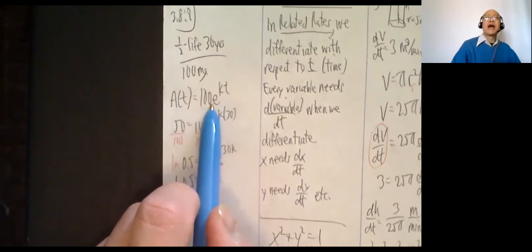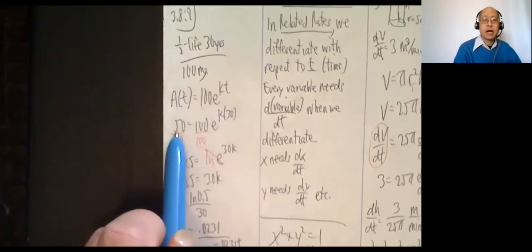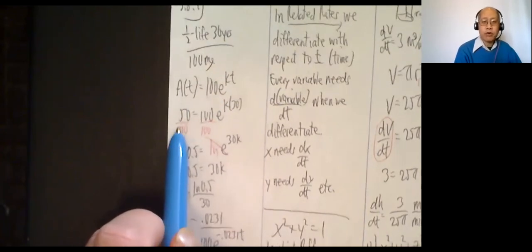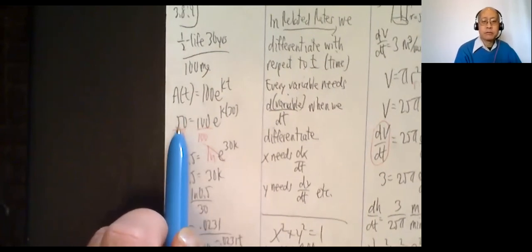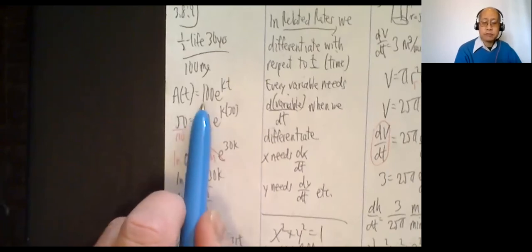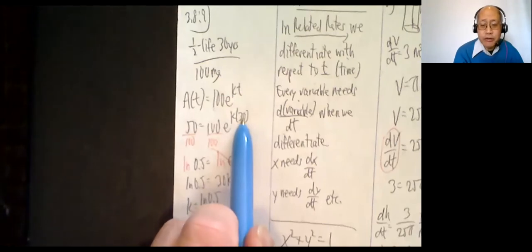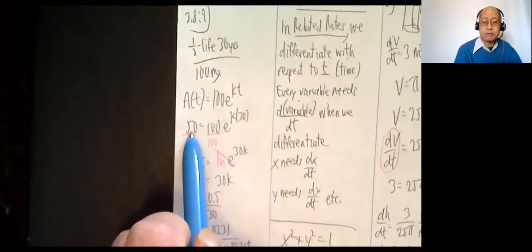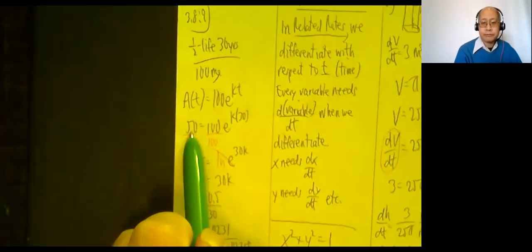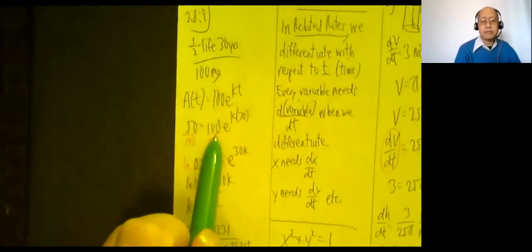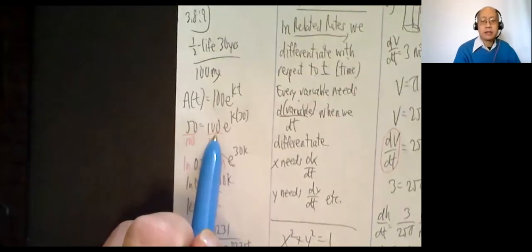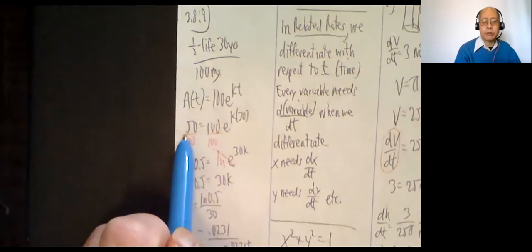Now, it said half-life. I put 50 here. Why did I put 50 here? That's half of 100. Half-life is 30 years. That means if I plug in 30 for the time, I get half the amount, 50. And like I said, suppose this was 8, then over here I would have put 4.